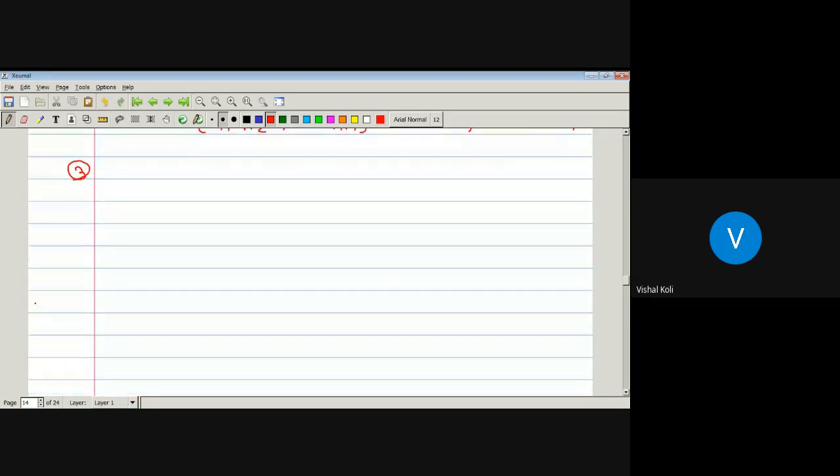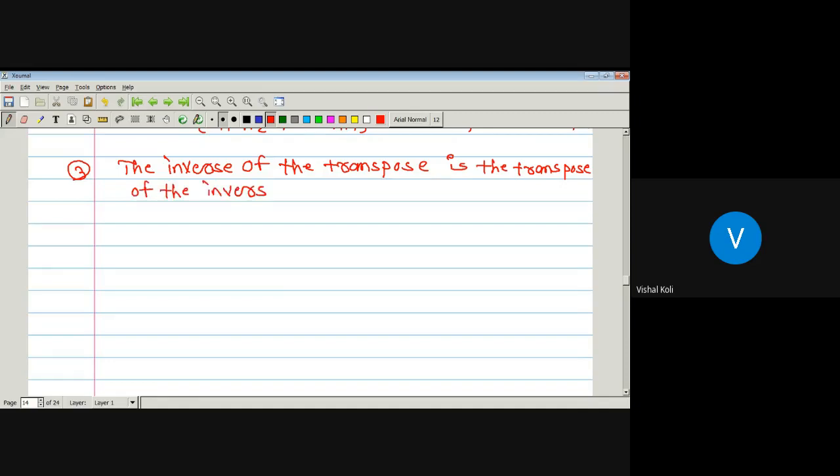Now the last property, and we will explain this by taking one example later. The last property is the inverse of the transpose is equal to the transpose of the inverse. That is, A transpose inverse is equal to A inverse transpose.